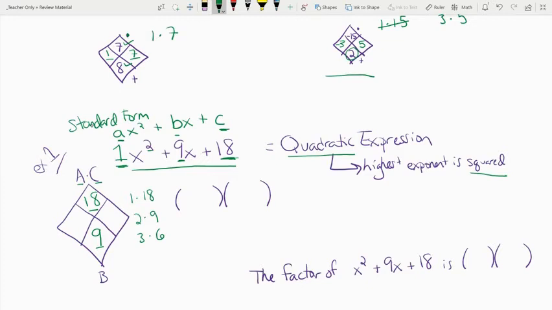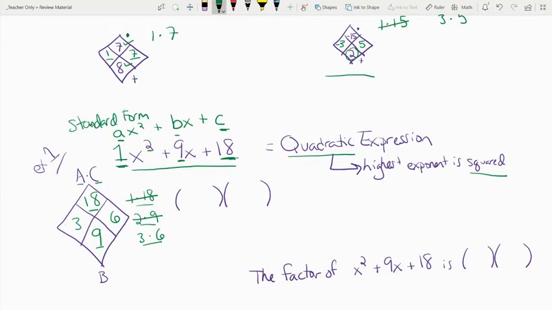And now we need to figure out which one of these options, if we add the terms together, will give us 9. 1 plus 18 is 19, so that is not it. 9 plus 2 is 11, so that can't be right. But if I take 3 plus 6, I get 9. So I know that there's a 3 and here's a 6. Okay, and you can write it in either way. I could have written 6 in here and 3 over here. That would have been fine.